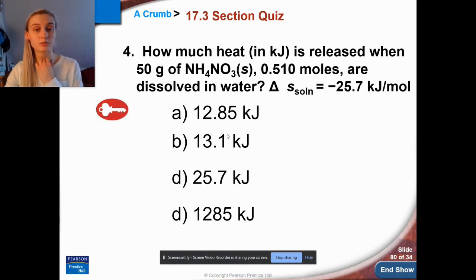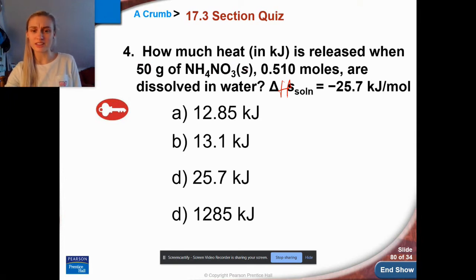Okay, last practice problem for this one. So this is saying how much heat in kilojoules is released when 50 grams of NH4NO3, which they give us is 0.510 moles, are dissolved in water. And they give you the delta H of solution. So it's nice of them to give us moles, because now we don't even need to look at this.